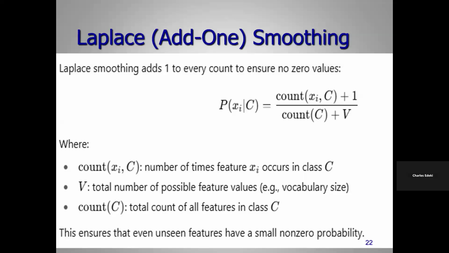So we add 1 to the numerator. If the count was 0, it's now 1. And we add V, the total number of possible feature values, to the denominator. Let's wait a few seconds. I think that's it for the concept here.